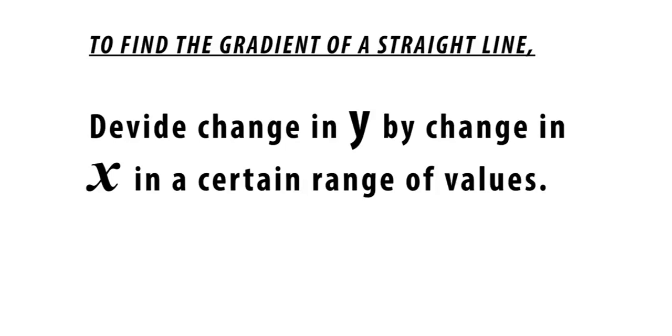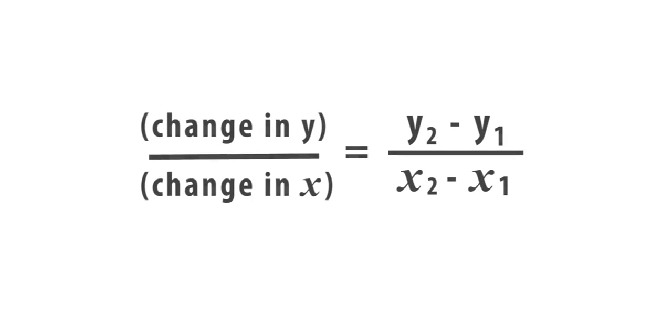That is, we are very familiar with the ratio change in y divided by change in x, which we normally write as y2 minus y1 divided by x2 minus x1. The gradient of any straight line is uniform and is a constant value. It's uniform, meaning it is the same wherever you take it, and it is a constant value.